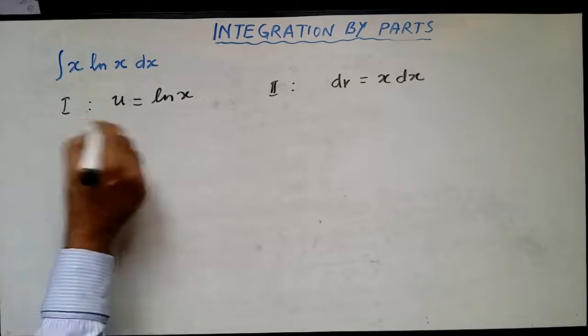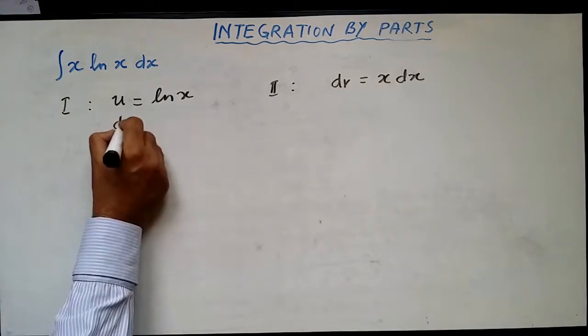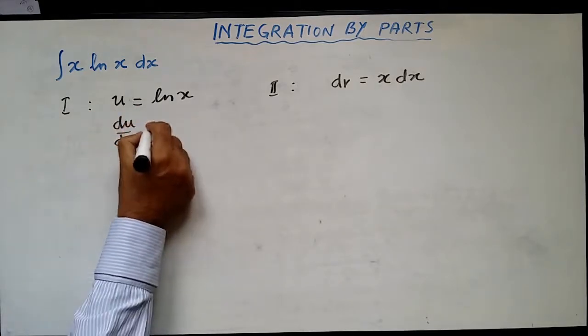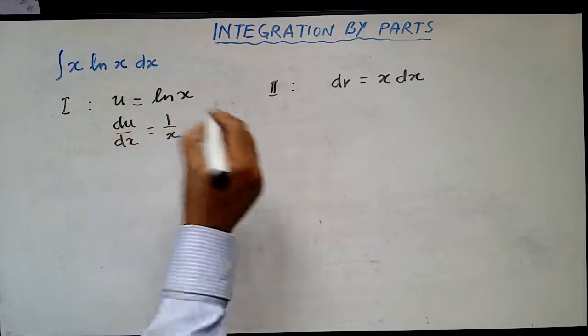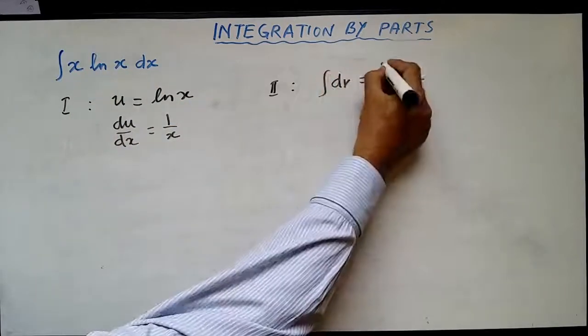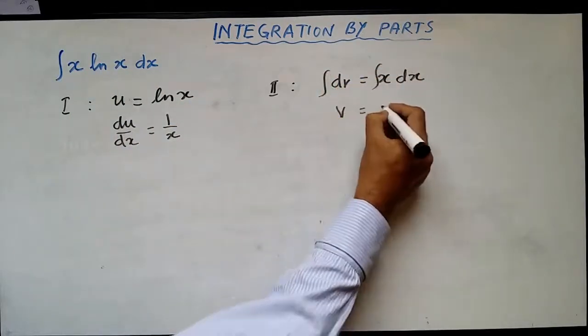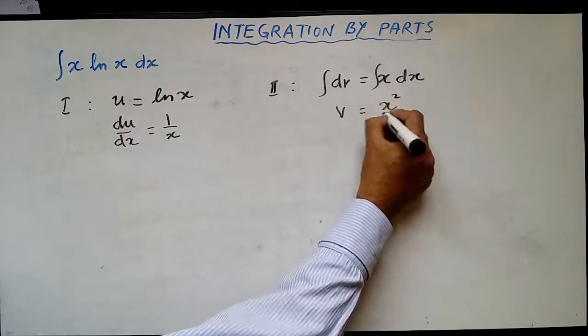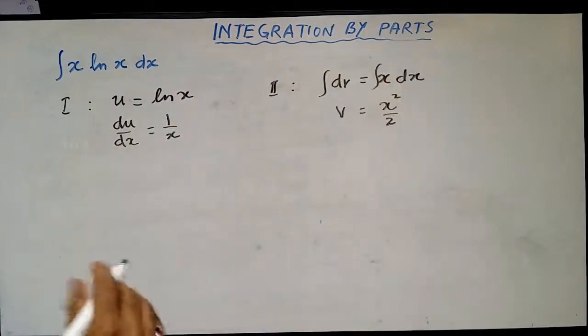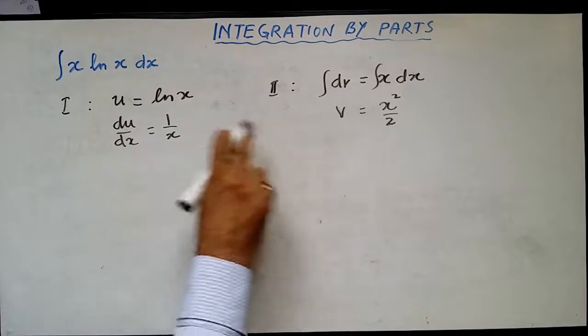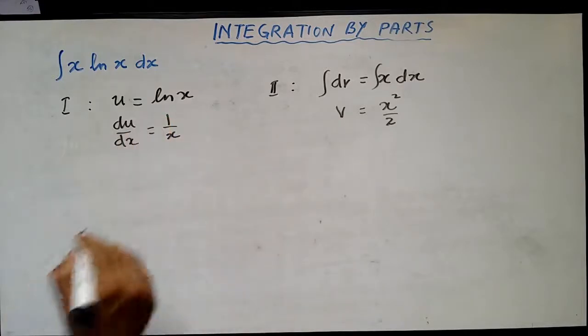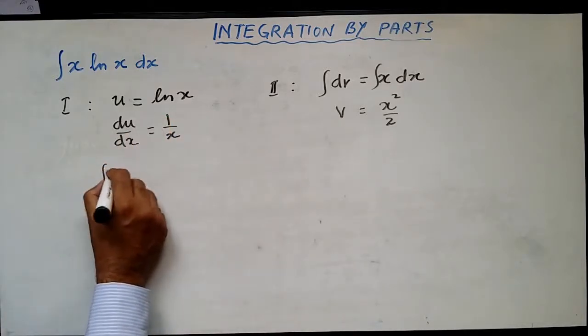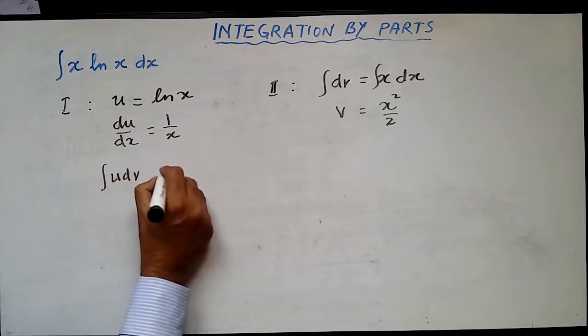Now differentiate the first part, so we get du by dx is 1 by x. Integrate the second part, so we get v is equal to x squared by 2. And plug in the values into the formula for integration by parts.